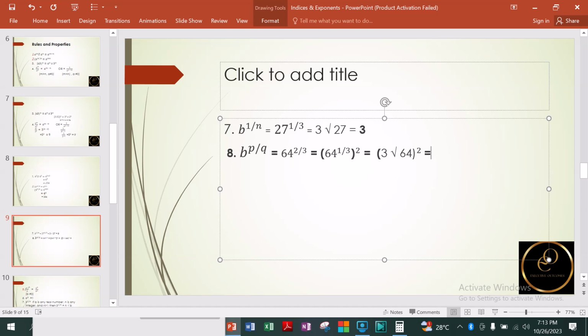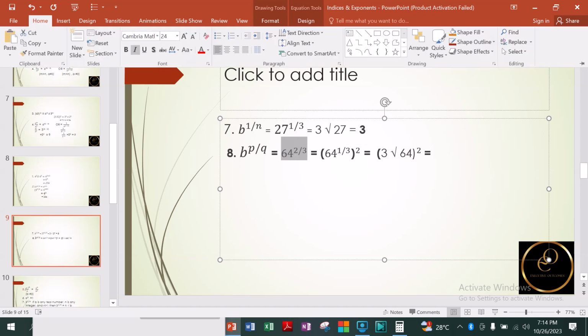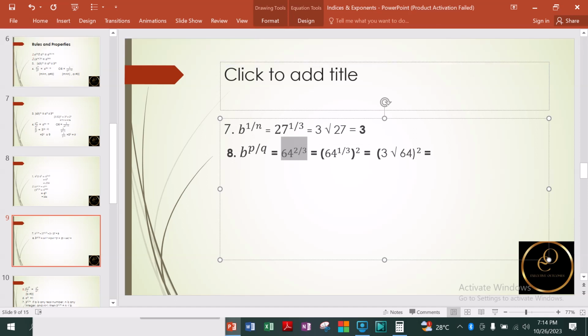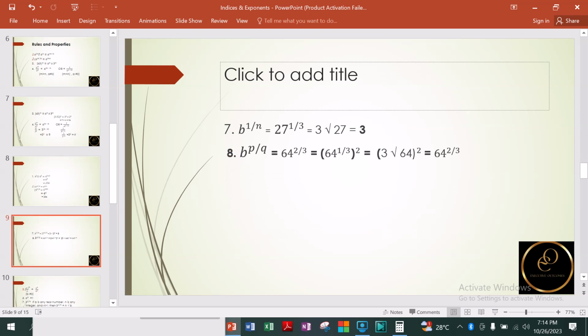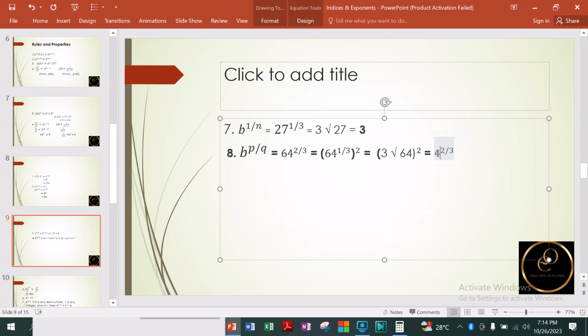So in this bracket we have 4, and the power 2 remains.